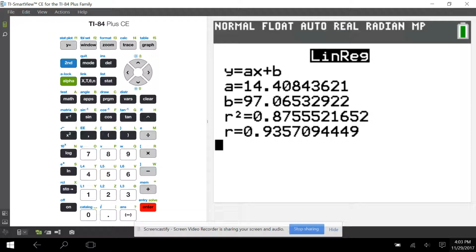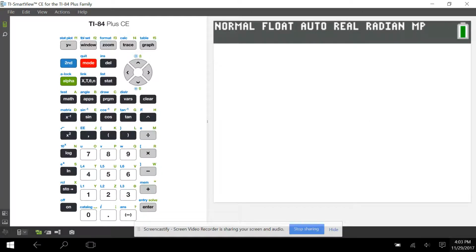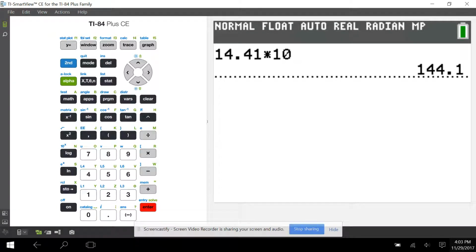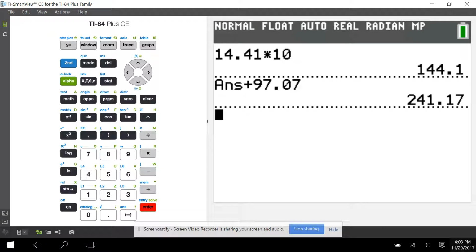X equals 10. So that means we have 14.41 times 10 plus 97.07, and that would give us calories 241.